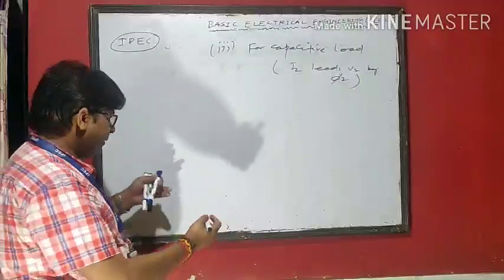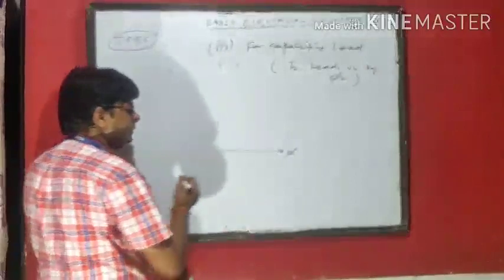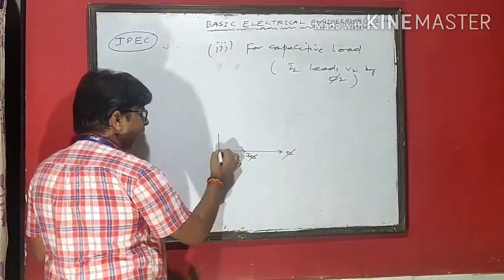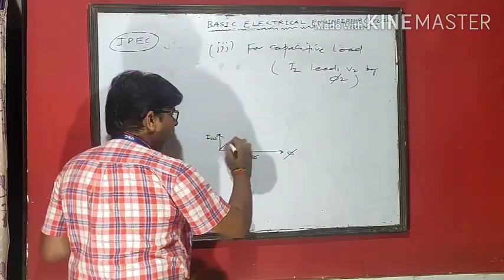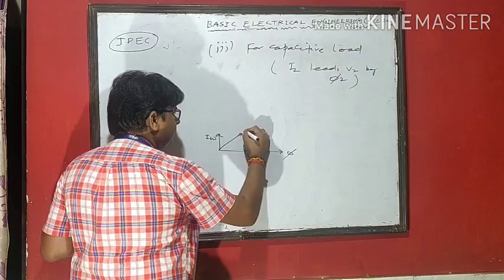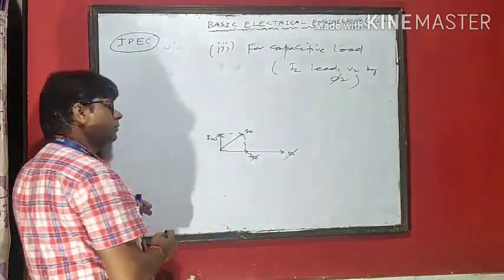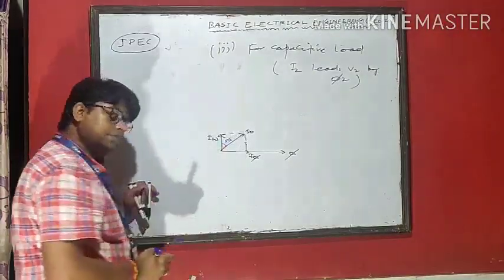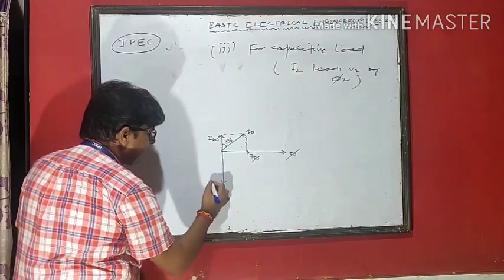In the same way, phi is taken as reference, so I phi is in the same phase, 90 degrees of I phi is IW, and the resultant of these is I naught. We know that V2 can be taken below the reference line.